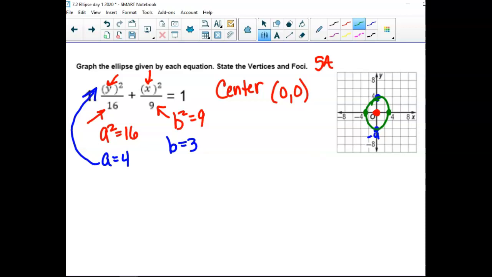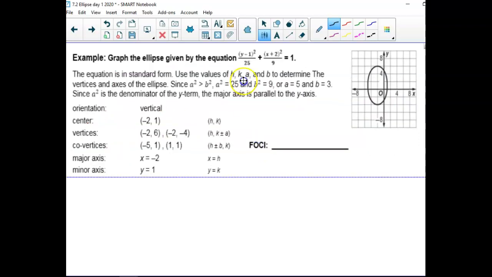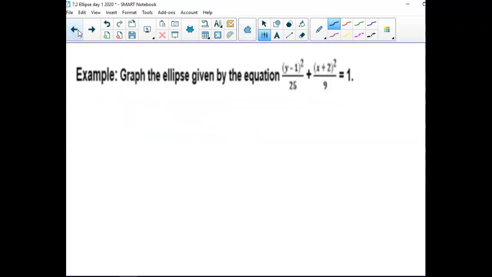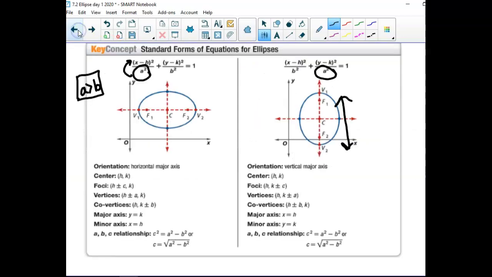Now, when you are doing these, you are going to have to tell me the center, the foci, the vertices, and the co-vertices, okay? You have to be able to tell me all 4 of those things.